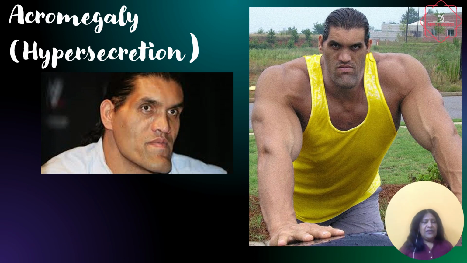Here in the image you can see the lower jaw or the chin is protruded out, which also gets accompanied by enlarged or broadened nose as well as the lips.